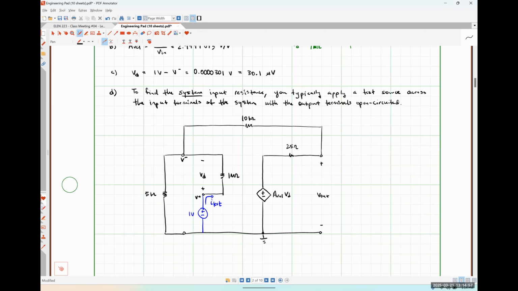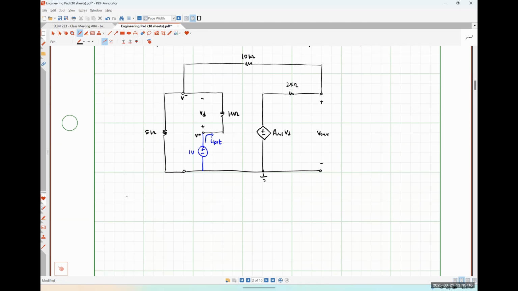So essentially, I'm going to perform the exact same analysis that I did in the previous step to the circuit. The only change is I'm no longer going to have that V out over 10 kilo ohms term in my second KCL equation because I open circuited that 10 kilo ohm resistor, right?